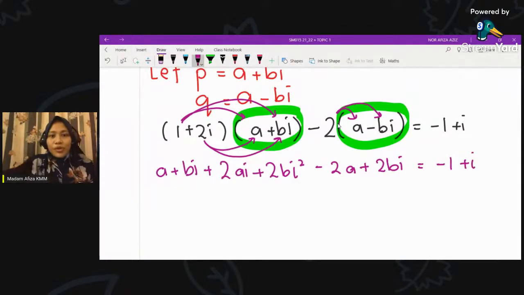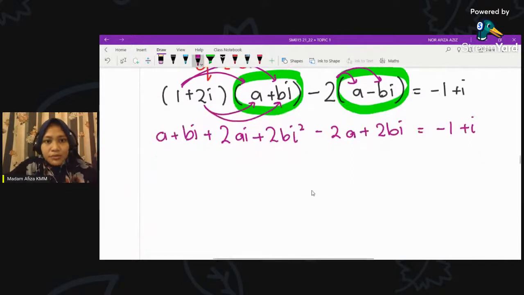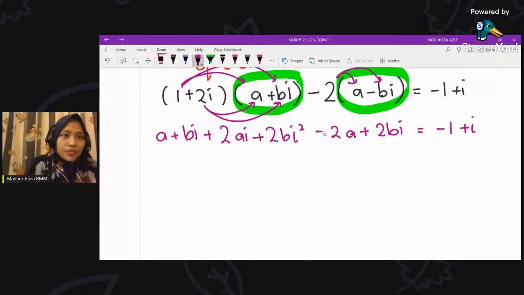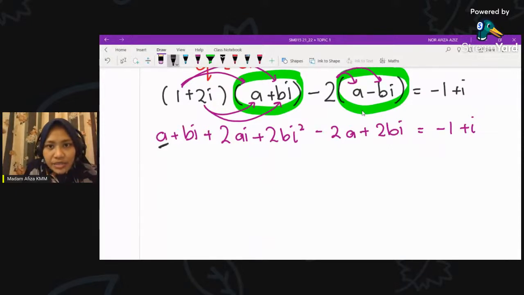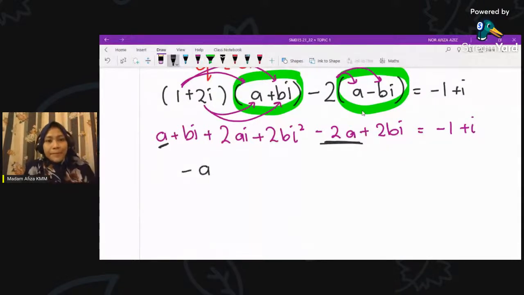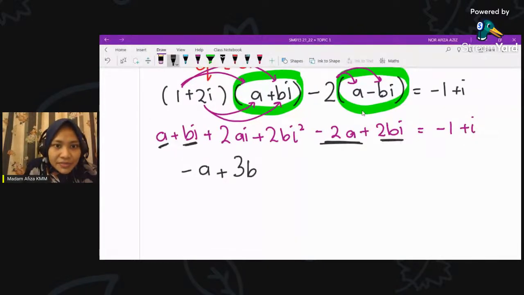Okay, so now we will simplify and replace i squared with negative 1. Here I have a and minus 2a, so it becomes negative a. For the second one, I have bi and then plus 2bi, so it becomes 3bi.